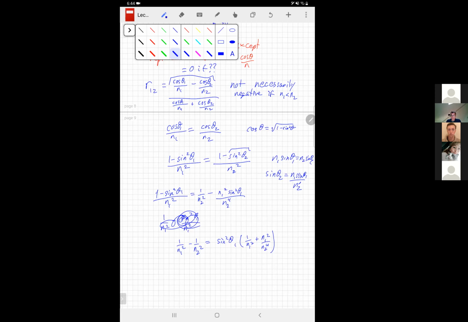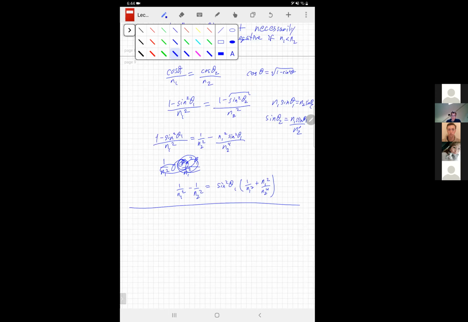Okay, I see what we should do. At this point, I've got that sine squared theta 1 equals this god-awful mess.